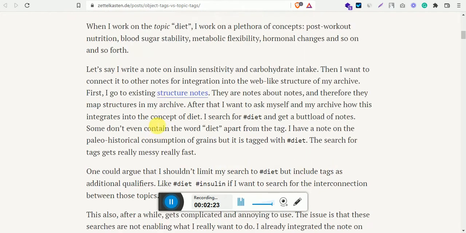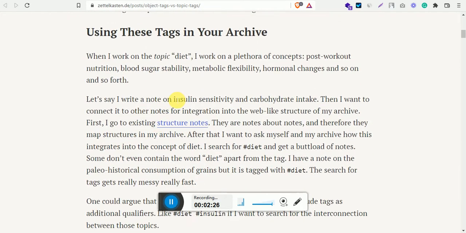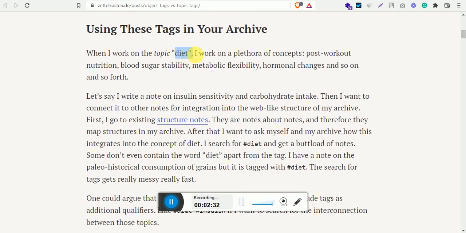For example, if you write a note about insulin sensitivity and carbohydrate intake, it should be connected to the topic diet, because we are particularly talking about diet, and when you talk about diet, you have to include insulin sensitivity and carbohydrate intake, which is also labeled as diet.